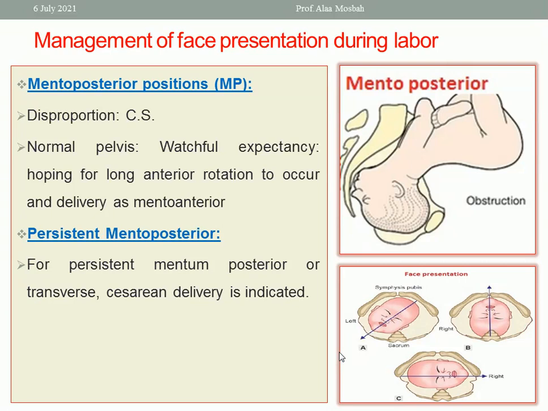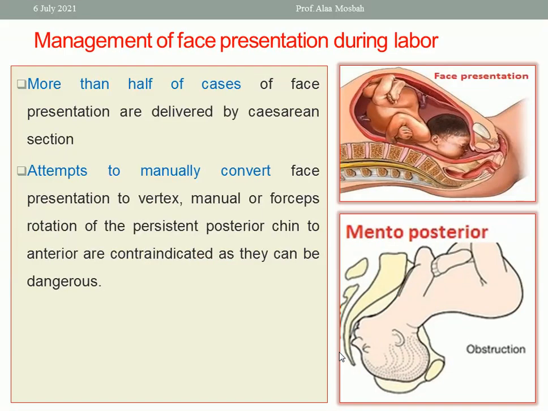If this happens with good uterine contraction and adequate pelvis and a small sized baby, yes, you can continue with vaginal delivery. But if persistent mento-posterior, either oblique posterior or direct mento-posterior or mento-transverse, all of them will be delivered by cesarean section.